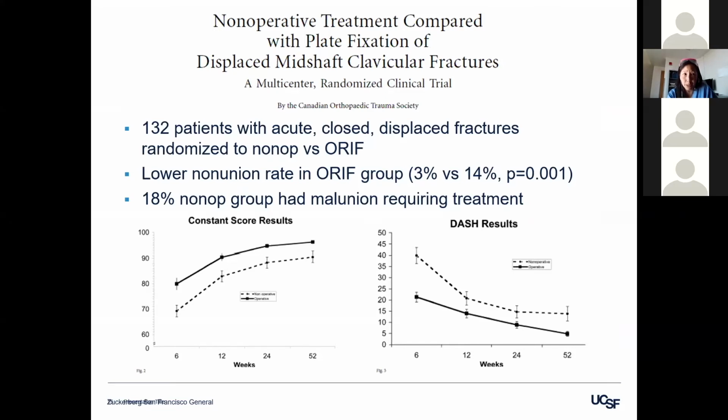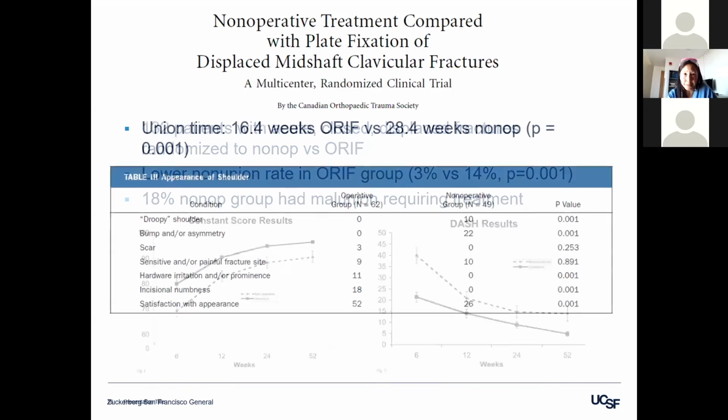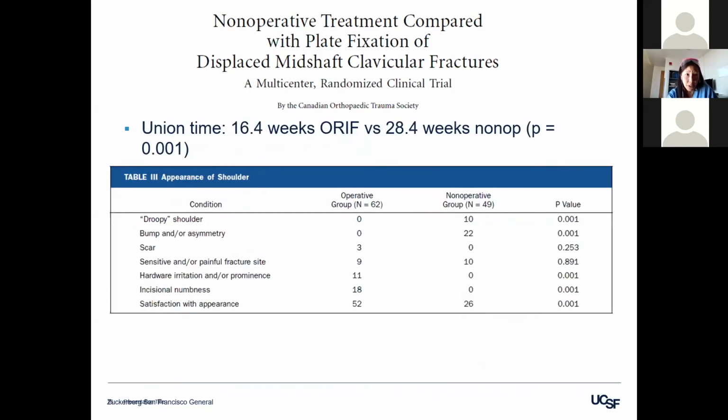They reported a 3% non-union rate in the ORIF group compared to 14%. The non-operative group also had a pretty significant symptomatic malunion that ultimately required treatment, and their outcome scores were also better over multiple time points. The time to union was also faster with fixation, 16 weeks as opposed to 28 weeks.